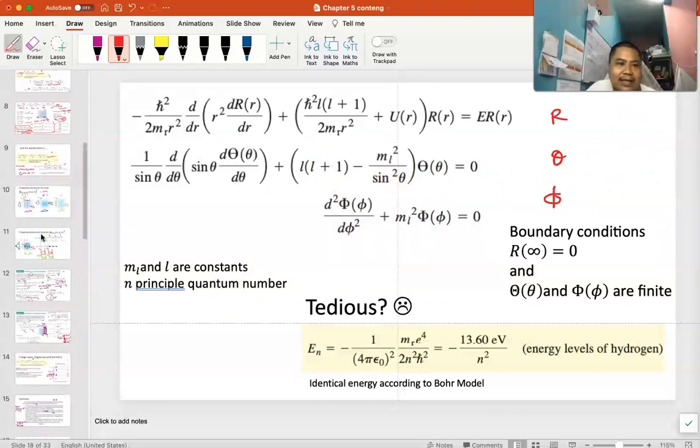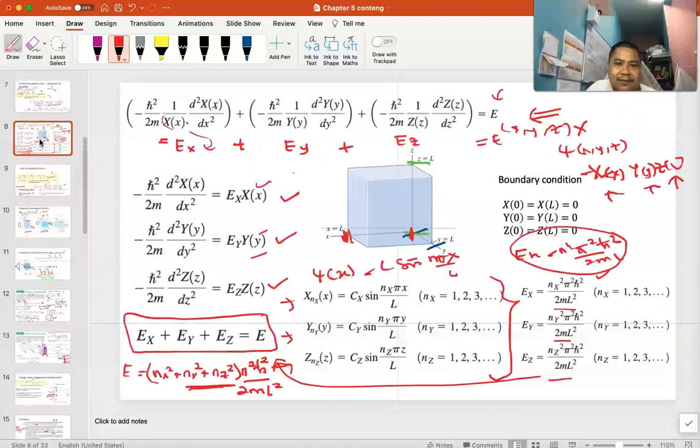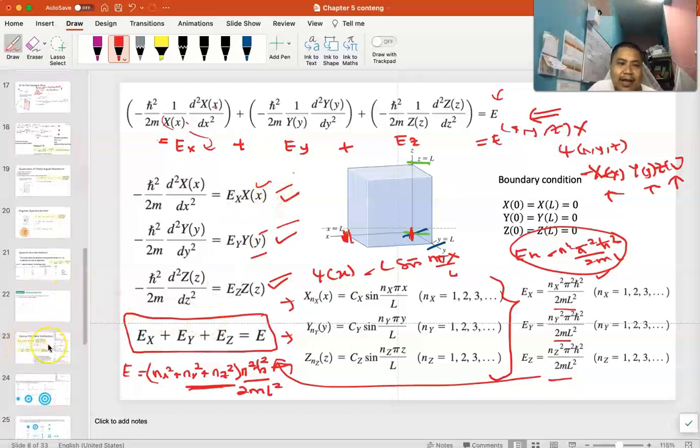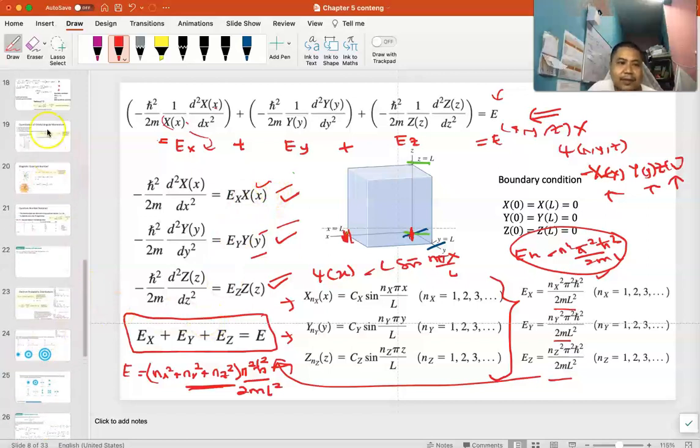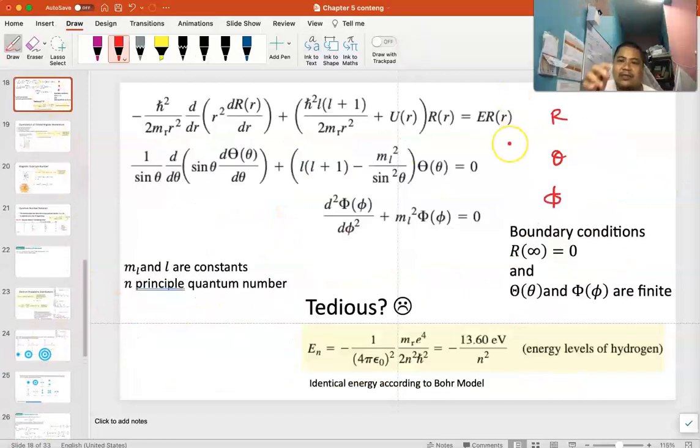Let's look here. Okay, so we have the separation between x, y, and z. Similar to that, we have that equation over here. So we have three separate variables.